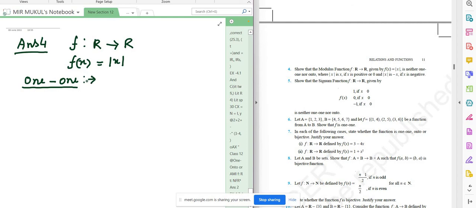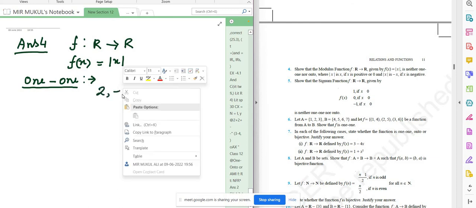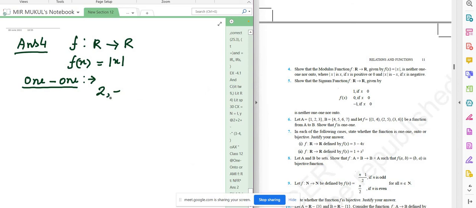If we check one-one, then consider 2 and minus 2. Here take two distinct elements, it is better. Take 2 and minus 2, which belong to the domain.